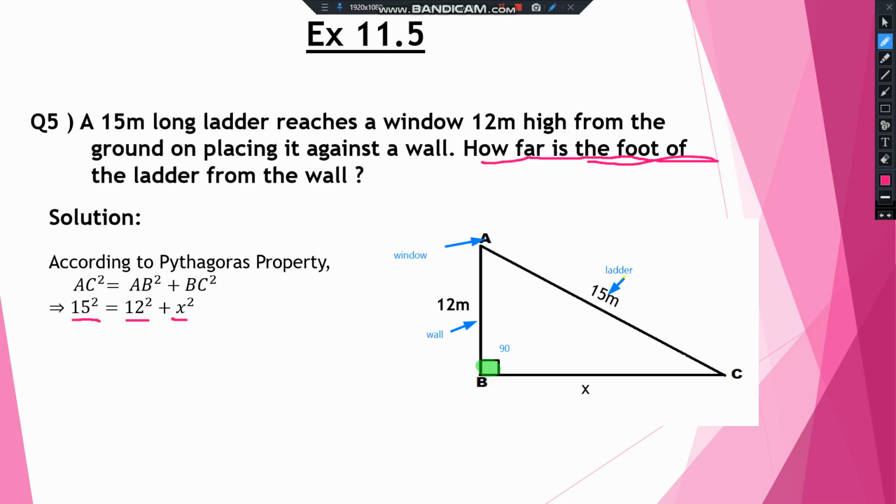The foot of the ladder is at C point, and this is the foot of the wall. So they are asking the distance between B and C actually. So that we denote by X.